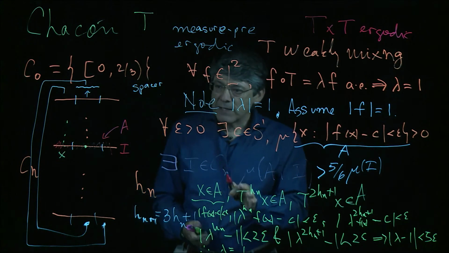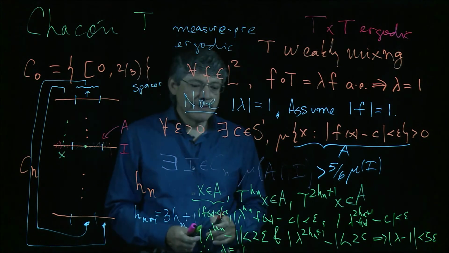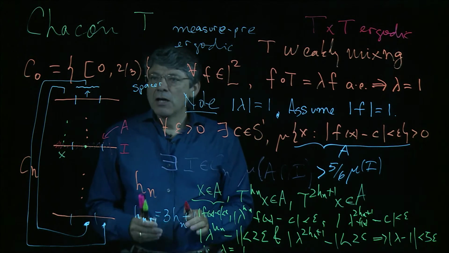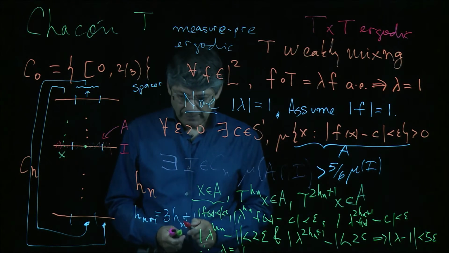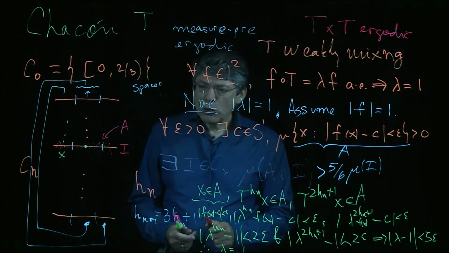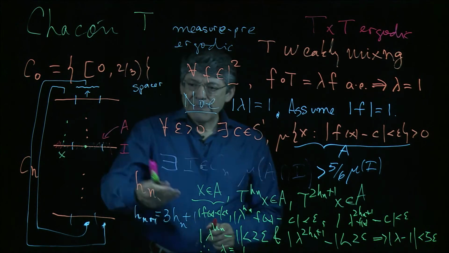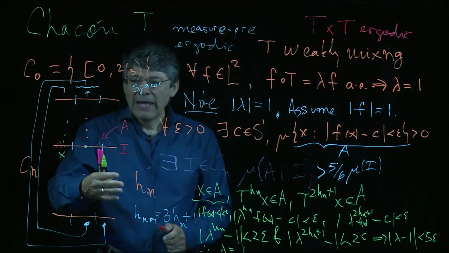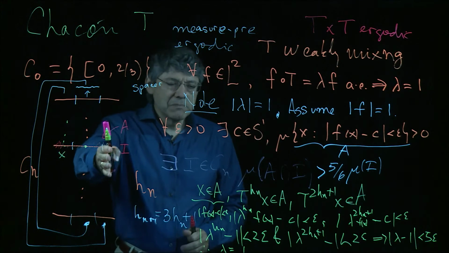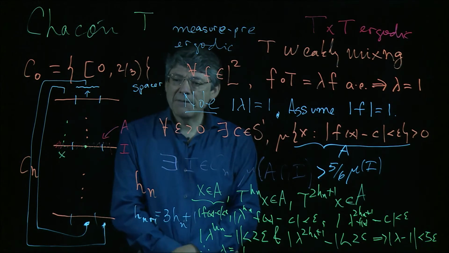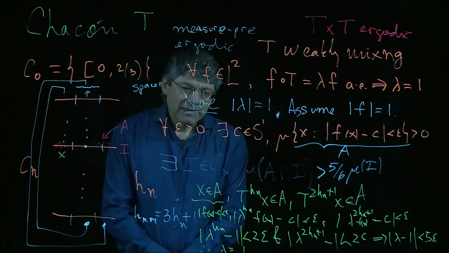Let us now just finish the last part, which we claim, that it is indeed not mixing. Okay? So we're going to pick a level. It will be enough to assume that the level has length less than a half.